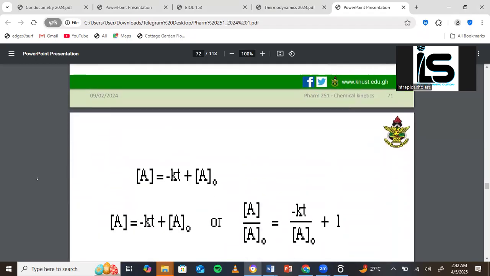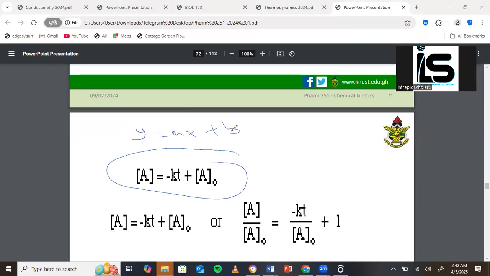Now, this is the general formula for a zero order reaction, right? If you compare this to y is equal to mx plus b, as we have been doing, this is y.